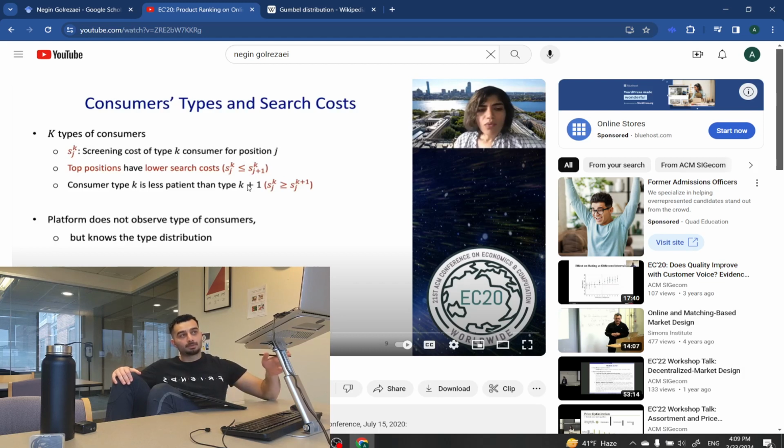But how is that related to this project? Oh, we were talking about having K types of consumers. How correct is that? Well, here is a model. We allow some simplification. Gary used to say we have K types of consumer.